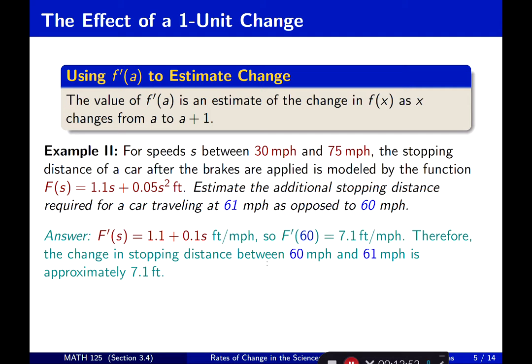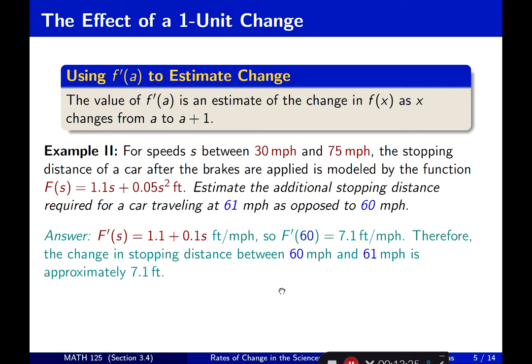So how do we do that? First, you take the derivative, f prime, and f prime of s is 1.1 plus 0.1 s. How does that work? For 1.1 times s, 1.1 is the constant coefficient and stays. The derivative of s with respect to s is 1. 0.05 is the constant coefficient, and the derivative of s squared with respect to s is 2s, and that's what you get.